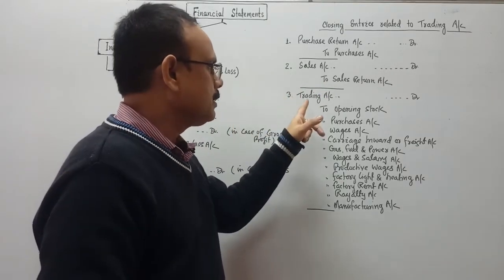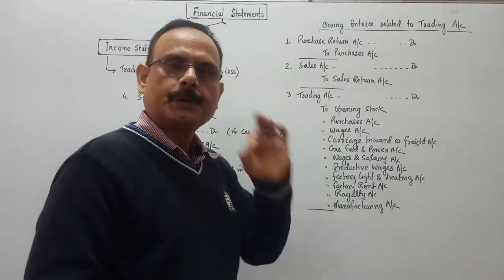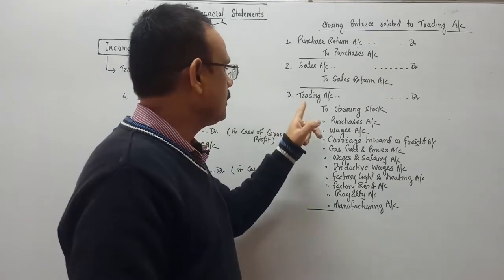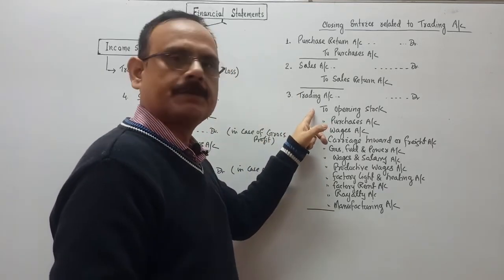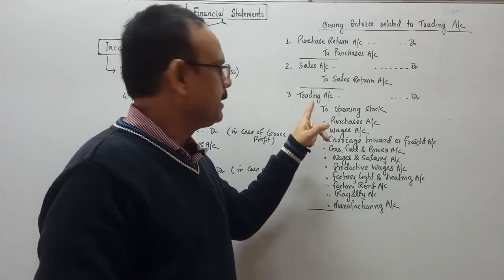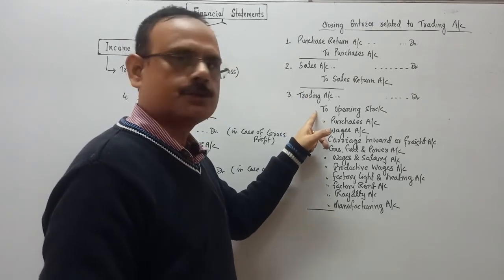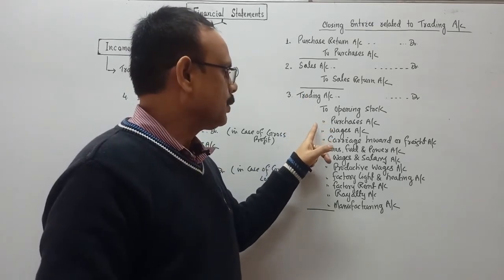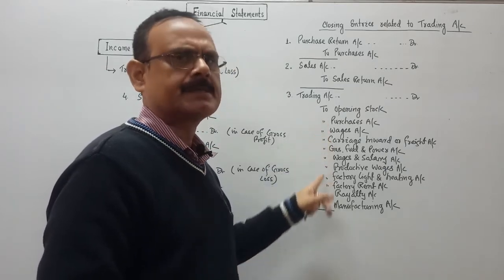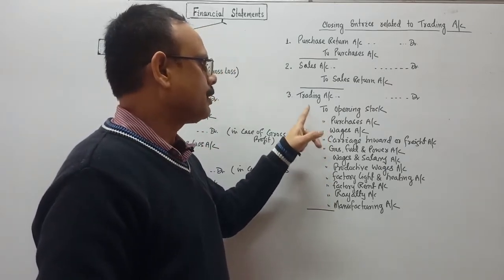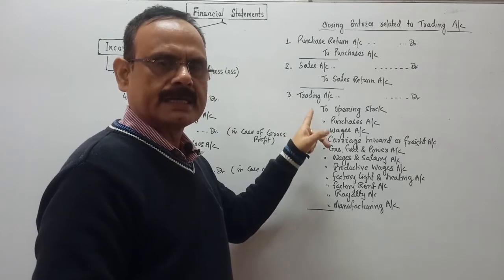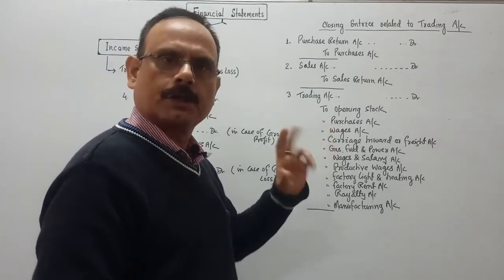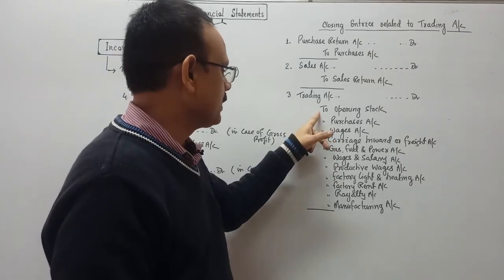Now next, in trading account, which accounts will be transferred to the trading account debit side? Trading account debit to opening stock, purchase, wages, all direct expenses. Opening stock is not a direct expense, it's an adjustment to find out the cost of goods sold. So opening stock we will write first.